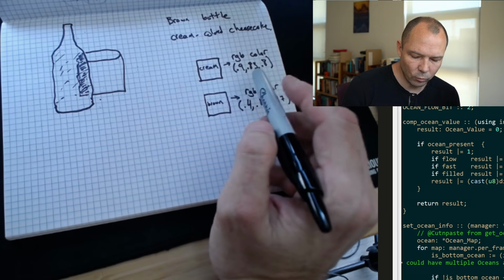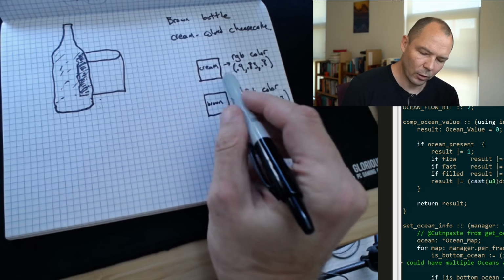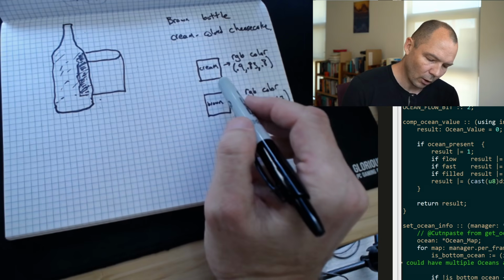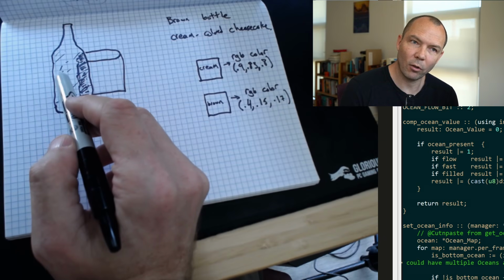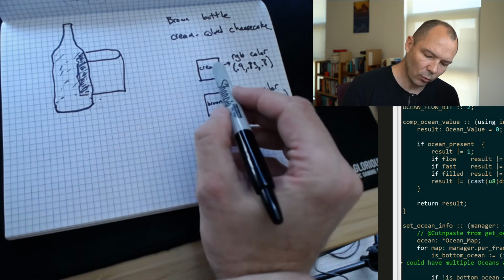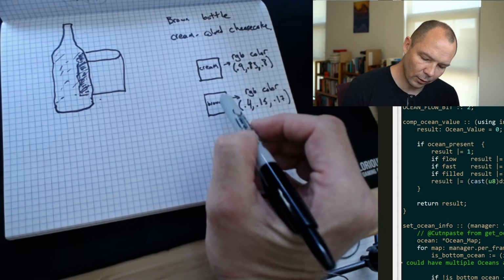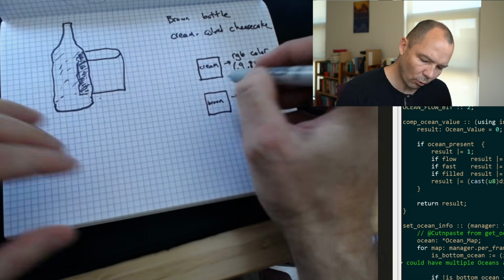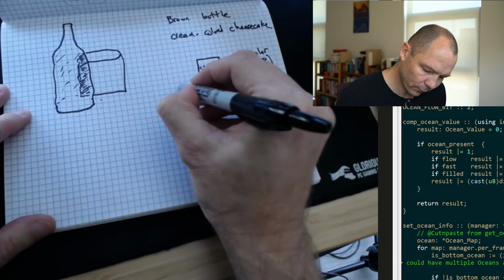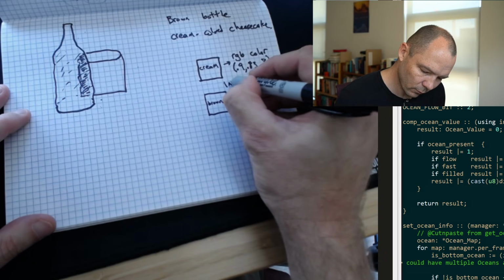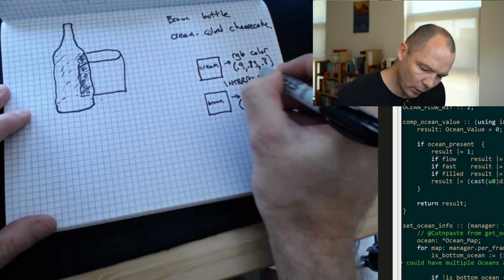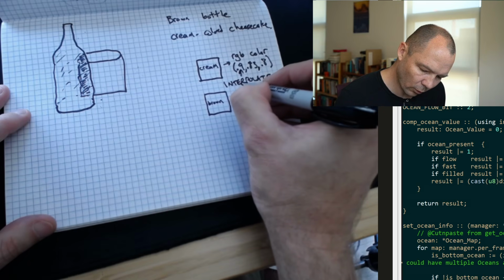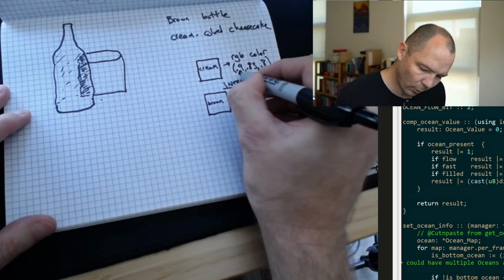What if it's a little bit see-through? Well, maybe you just want it to be almost brown, but a little bit cream. What if it's a very lightly colored bottle and it's almost completely transparent? Then you want it to be mostly cream and a little bit brown. So what you do is you interpolate between these two colors to do transparent objects.